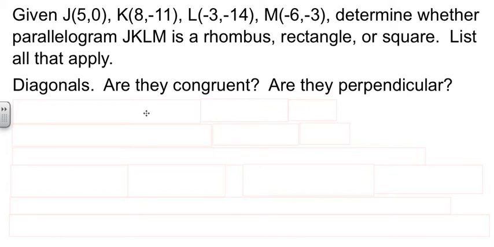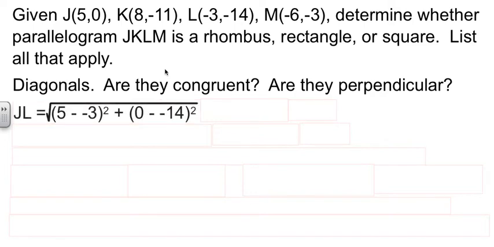So let's find the distances of the two diagonals. The length of JL, so doing the distance formula for J and L, a little arithmetic, we get the square root of 260. I don't care what that is, because I'm just going to compare it to the other one to see if I get the same answer.